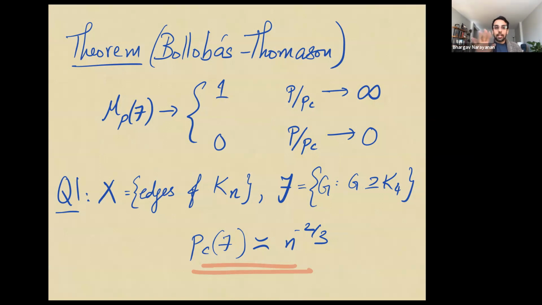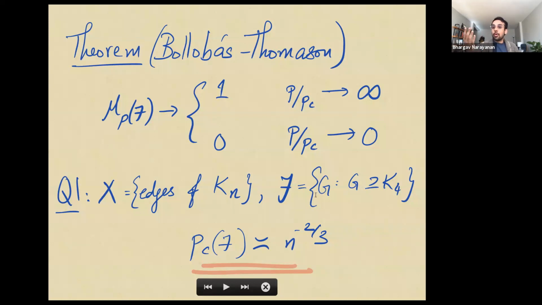And just to make sure that we're on the same page, the slightly more general setup, of course, includes the silly examples that we've looked at so far, because in the 2 examples about G(n,p) that we're looking at, the ground set X is just the edges of the complete graph. And considering the p-biased measure on X is the same as looking at G(n,p). And the increasing families for question 1 and question 2 happen to be, well, in the first case, you take all the graphs that contain a K4.